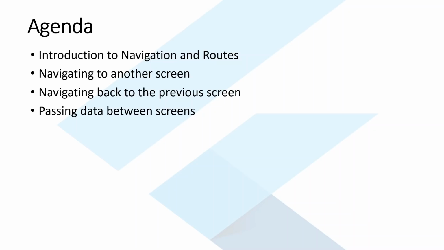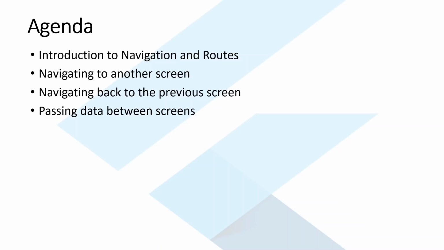Okay, the plan or the agenda for this topic, we are going to look at what navigation and routes are all about, and how do we navigate from one screen to another, then how to go back from the current screen to the previous screen, and then how to pass data between screens.